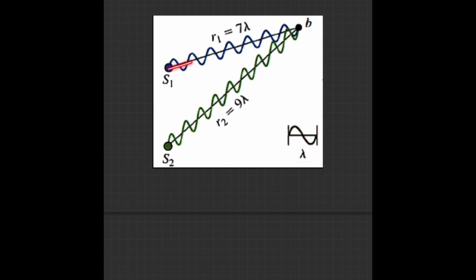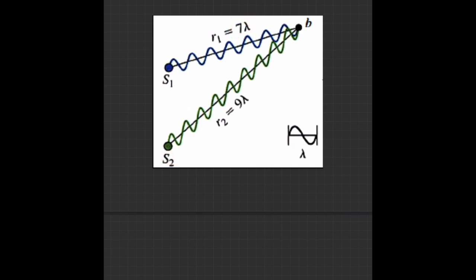Let's see S1 travel to point B. S1 to B will travel 1 lambda, 2, 3, 4, 5, 6, and 7 lambda, which means that the distance is 7 lambda.